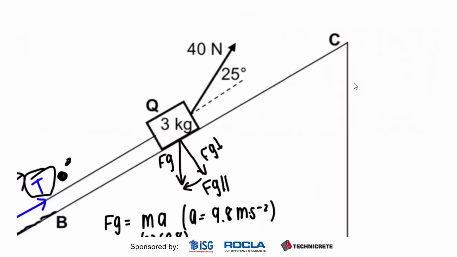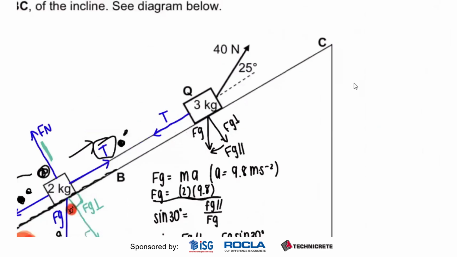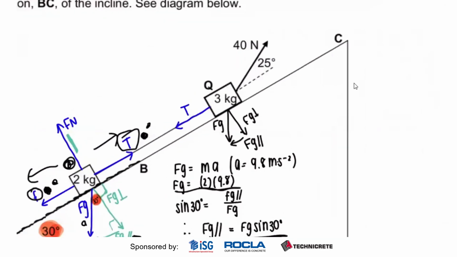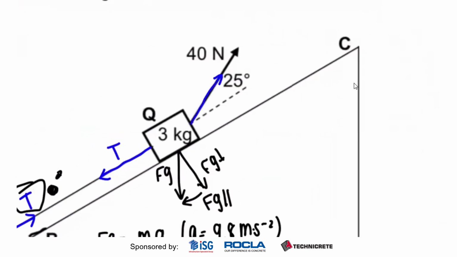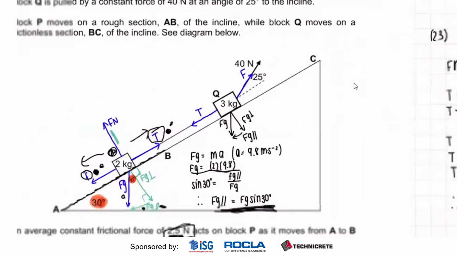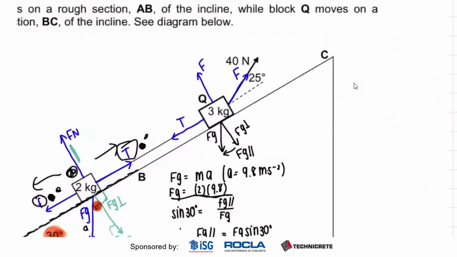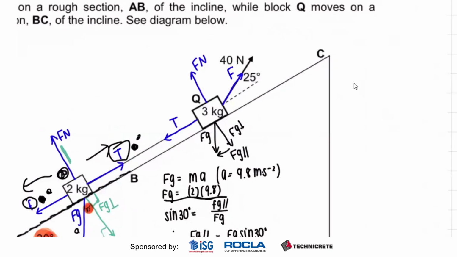We have the tension in the string this time is pulling block Q downwards, because block Q is pulling block P. And then we obviously also have this force pulling the block upwards, and we have the normal force as well.